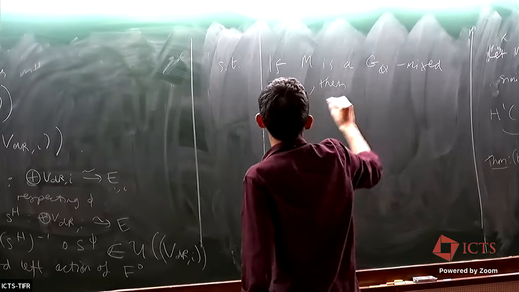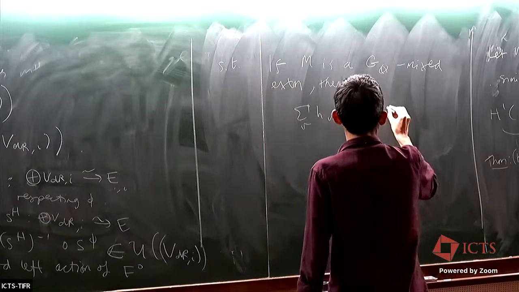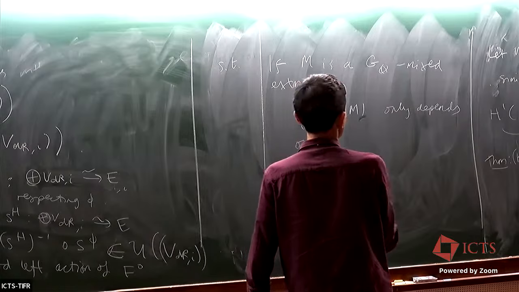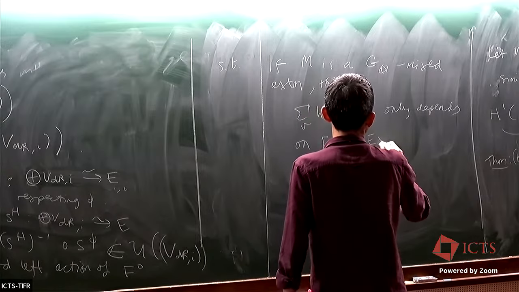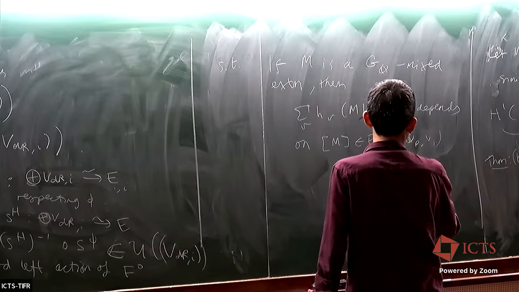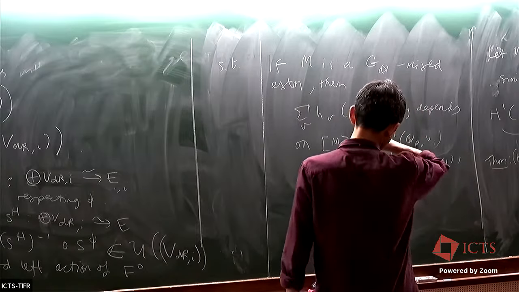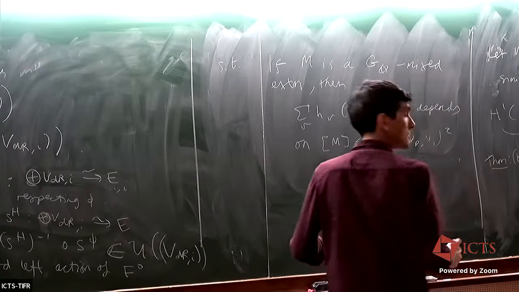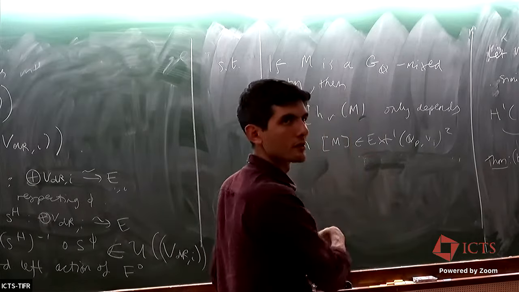Then the sum over all v of h_v of M only depends on the image of M in extensions of Q_p by V1 and extensions of V1 by Q_p(1). These are dual, so this is just the same as this squared. And actually it defines a bilinear pairing on these pairs of extensions. So it defines a height pairing on a global extension, but not bilinear.